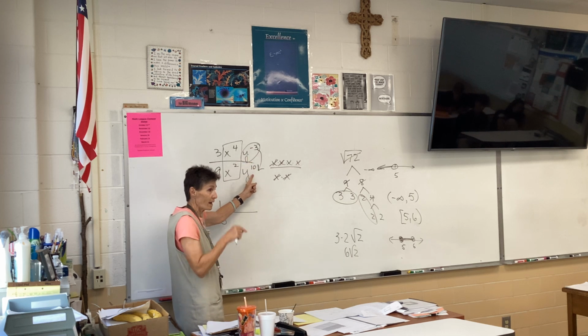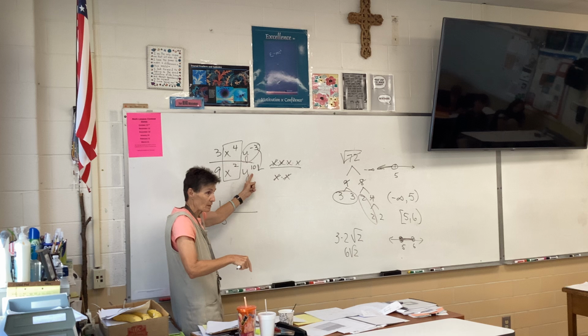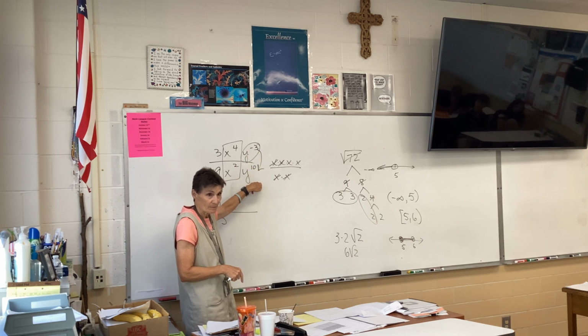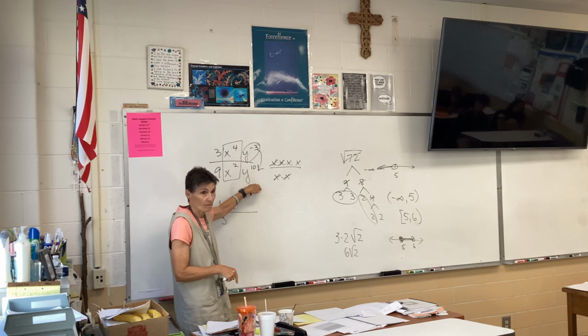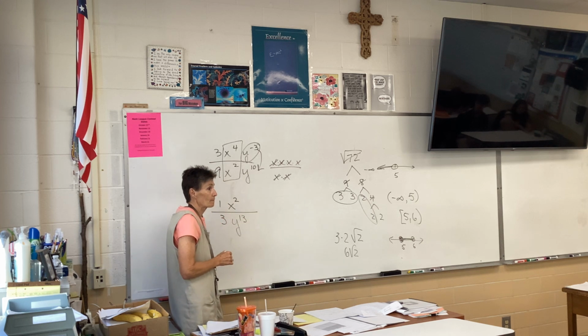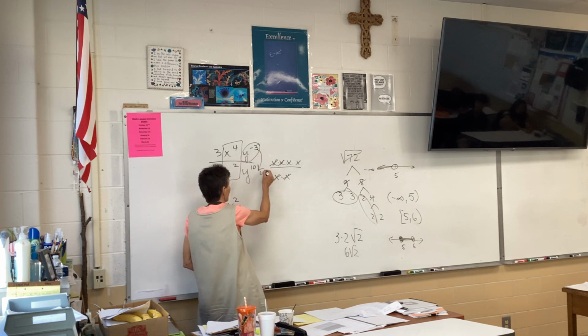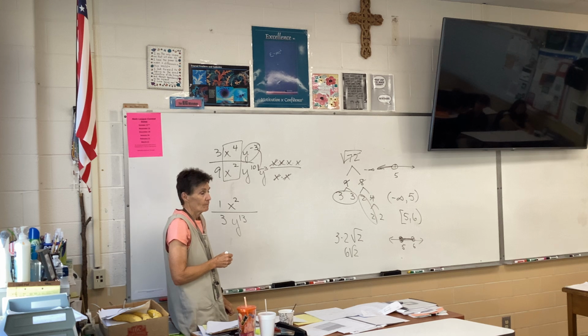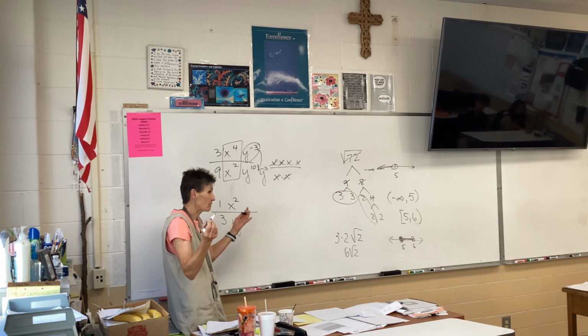There's 10 y's down there already. We're bringing down 3 more. 13 on the bottom. When you bring this down, it becomes y cubed. It's not negative. It's y cubed on the bottom. So now you got 13 on the bottom.